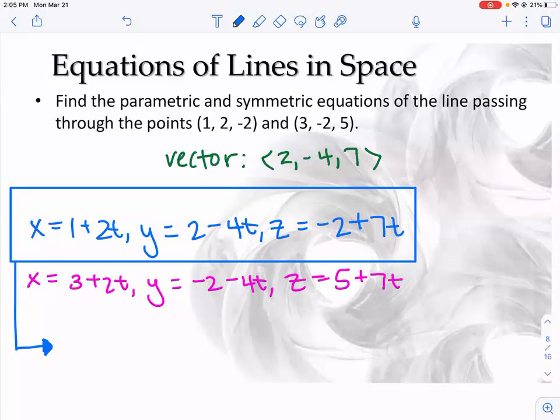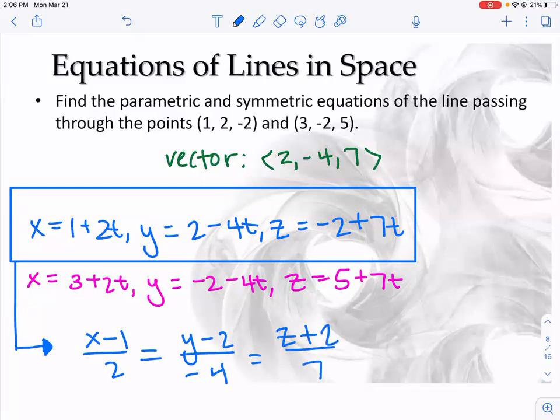Or socks. Okay. Andre, symmetric equations. Thank you.